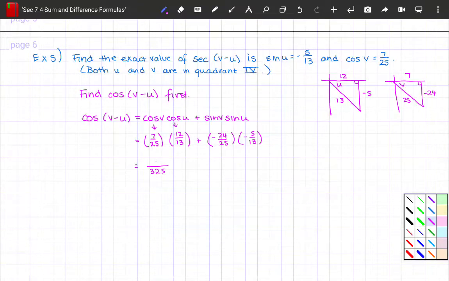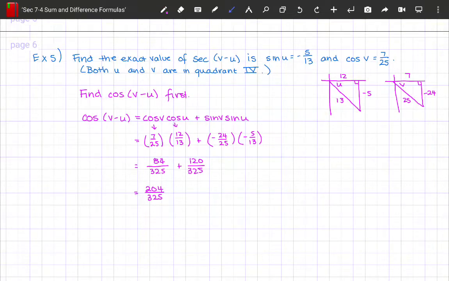And 7 times 12 is 84. We'll have a negative times negative, so we stay positive. That's 120 over 325. So 204 over 325.